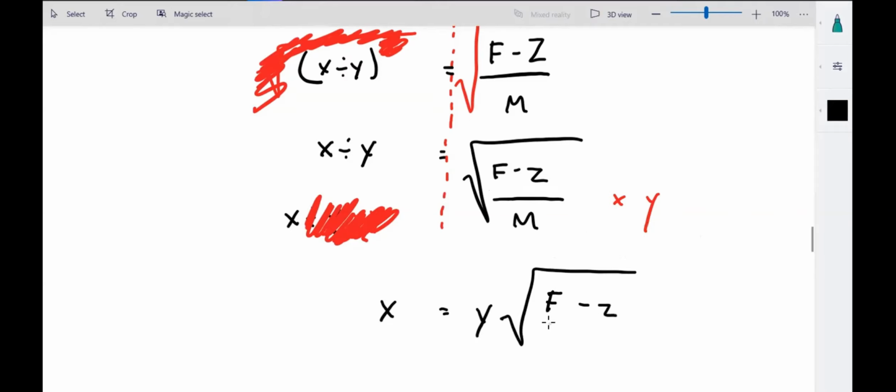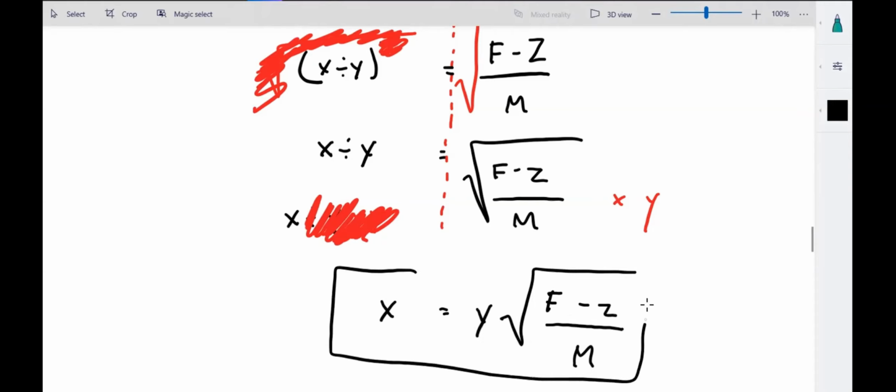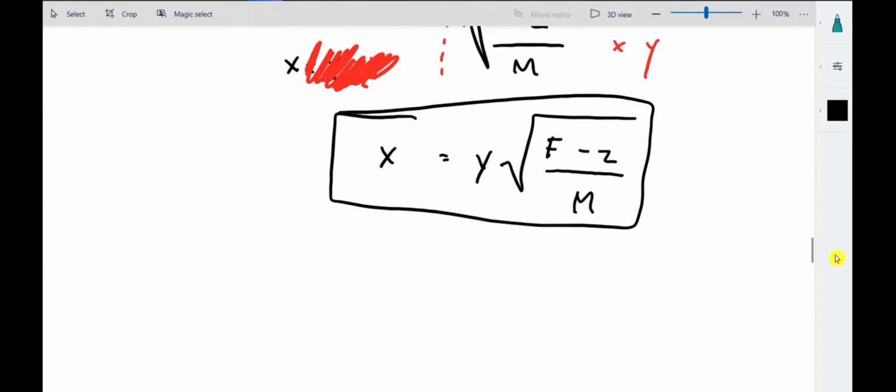That's why I'm going to put it in front. And again, I don't want to use the multiplication symbol if I can avoid it. Whether you have a letter or a number bumped up against parentheses, or in this case a radical, it indicates multiplication. So this would be an acceptable way to write the answer. It's the most straightforward, simple way to do it.